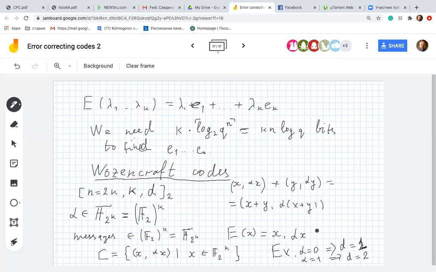But it turns out that for the majority of alphas, the distance of the code is very large, so large that the parameters of the code lie on the Gilbert bound. More precisely, we have the following theorem.